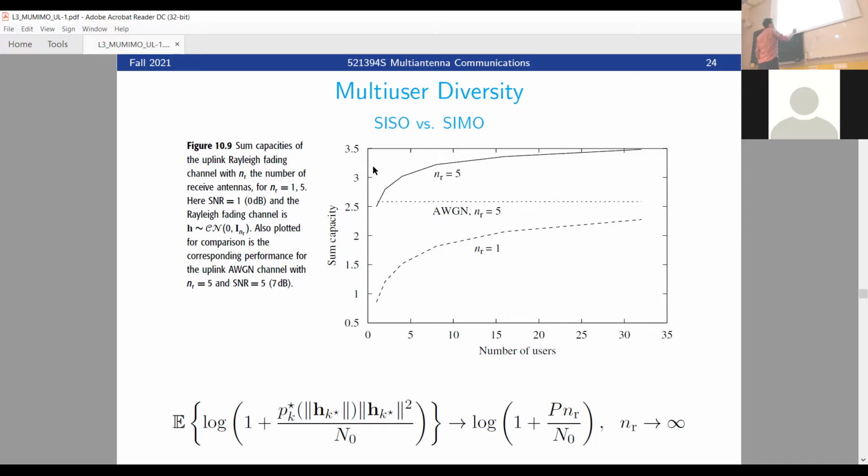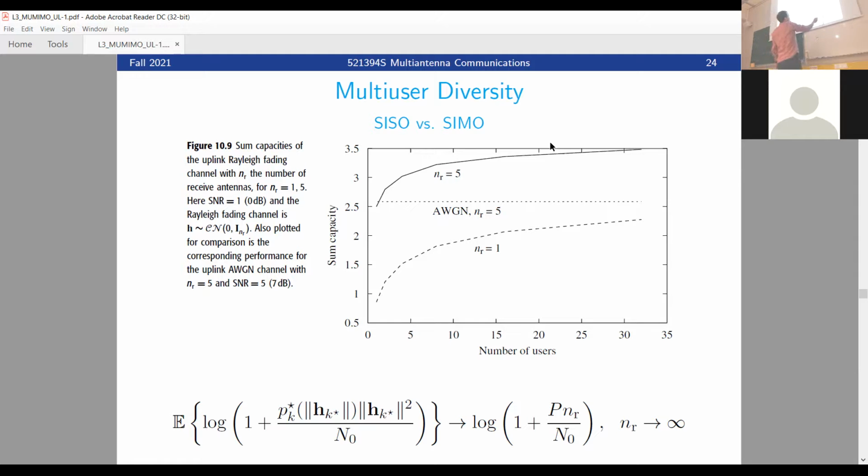But the relative gain from choosing the best user at the output of the match filter is much smaller with multiple antennas than with a single one.